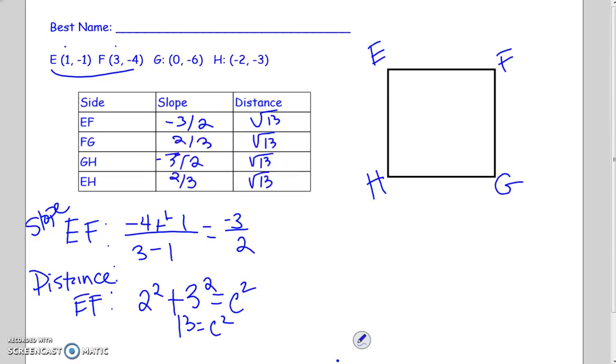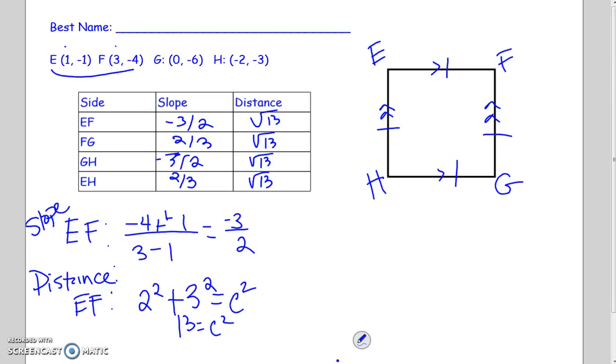Okay, so I found all of my slopes and I found my distance. Now, the lines that have the same slope, I know are parallel. So I'm going to mark those with arrows. They all had a distance of root 13, which is equivalent to 3.6. That means all sides are congruent. So it could be a rhombus, it could be a square.